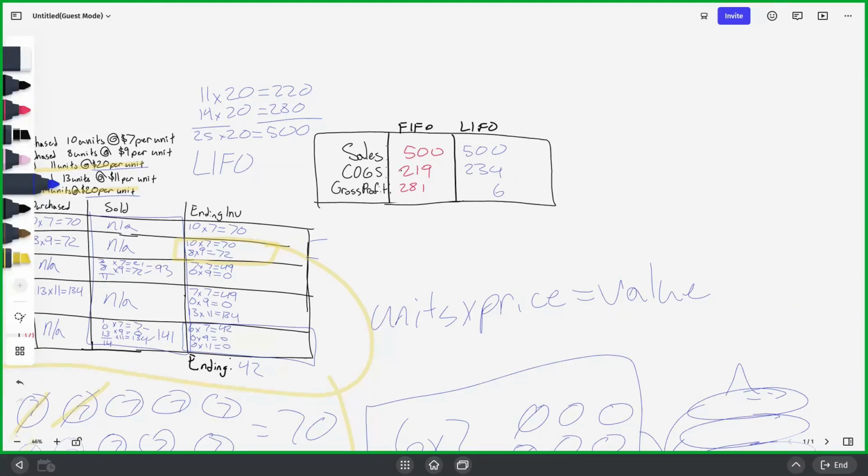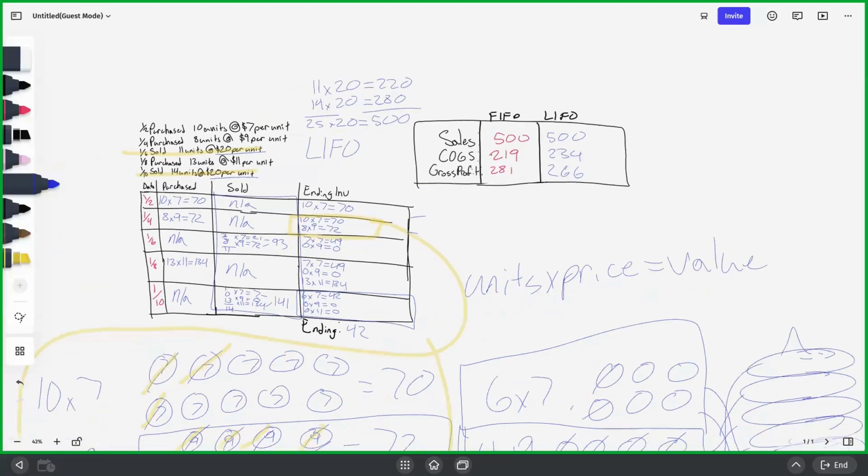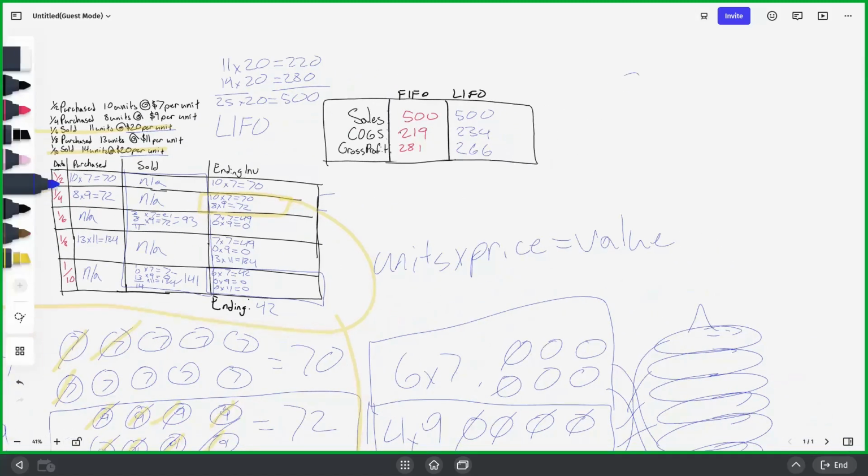Net sales, yes, in the big multi-step income statement, but if we're just looking at this chart: sales, cost of goods sold, gross profit. Okay, great. So how do you find the gross profit? It's sales minus COGS.